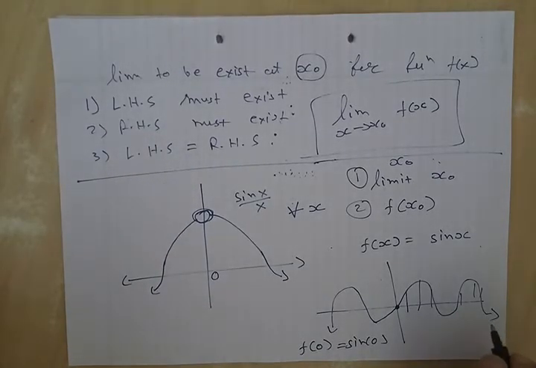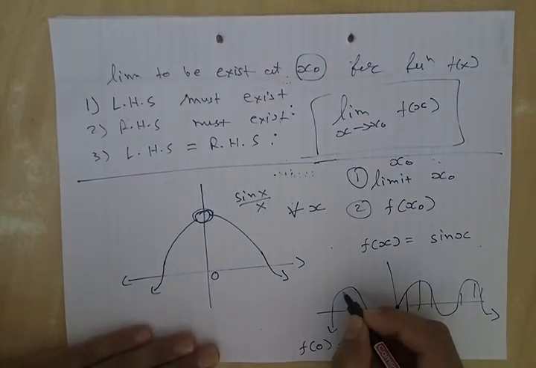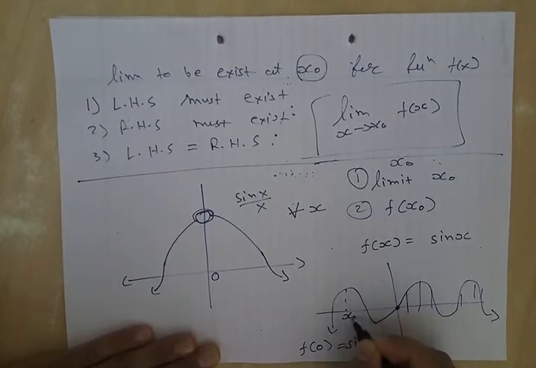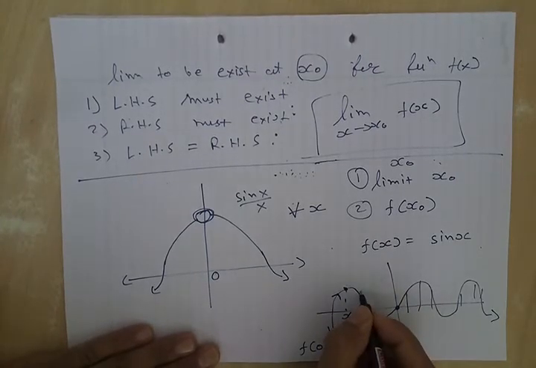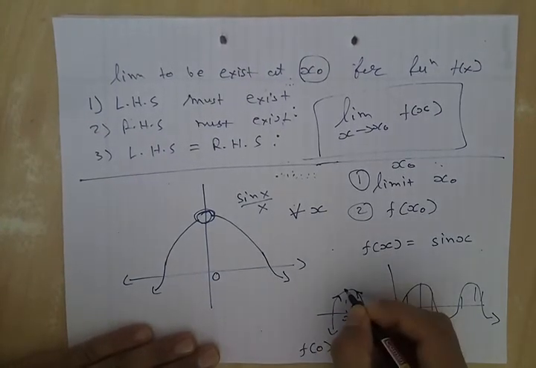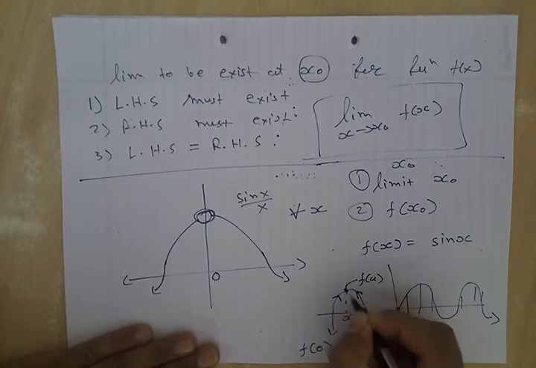And you can find the limit for each and every value of x. For example, if you want to find the limit at this point x0, then you can follow a similar process by finding the left hand side limit and the right hand side limit, and they must be the same. Here, let us say f(a), it is the same.